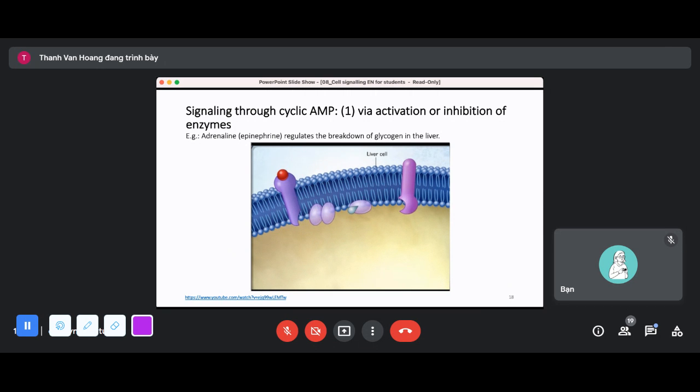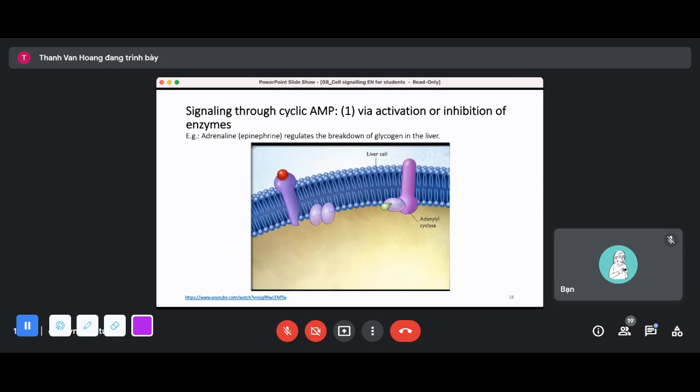The G protein subunit which dissociates from the others carries a GDP, which is replaced by GTP when the subunit is activated. The activated G protein subunit then diffuses within the plasma membrane until it encounters adenylyl cyclase, a membrane enzyme that is inactive until it interacts with the G protein subunit.